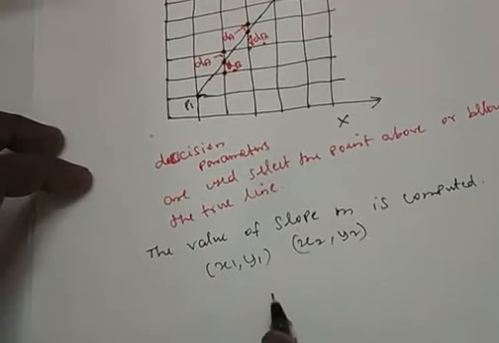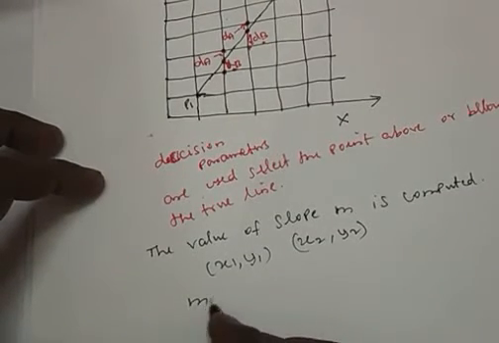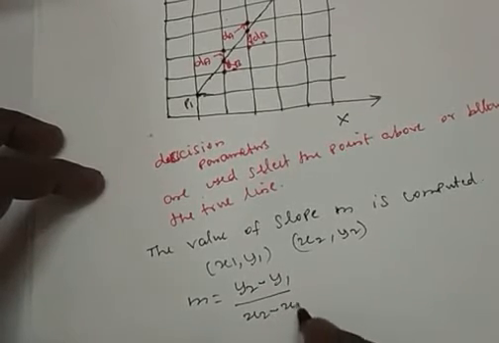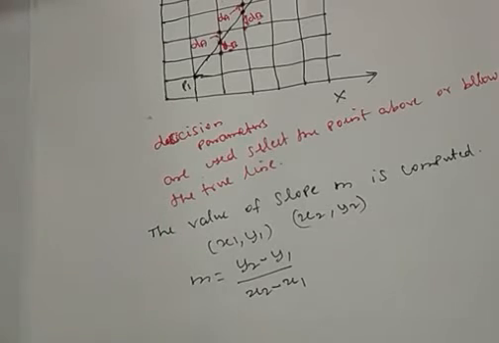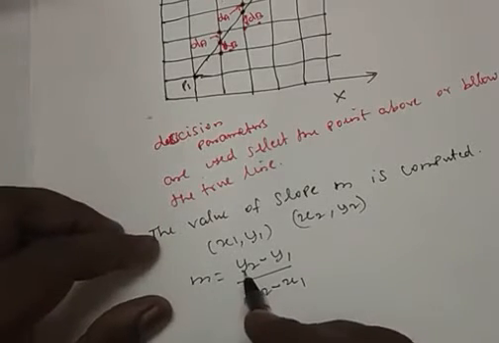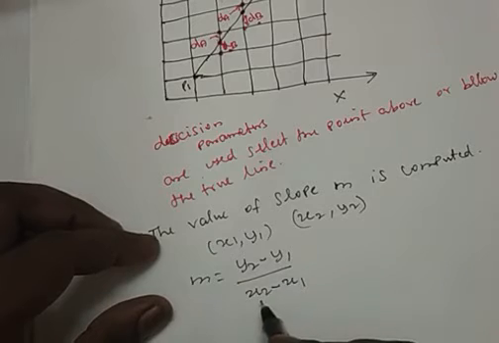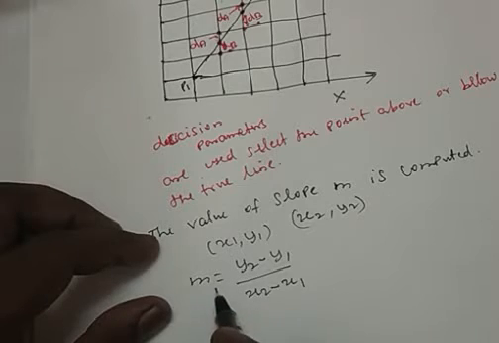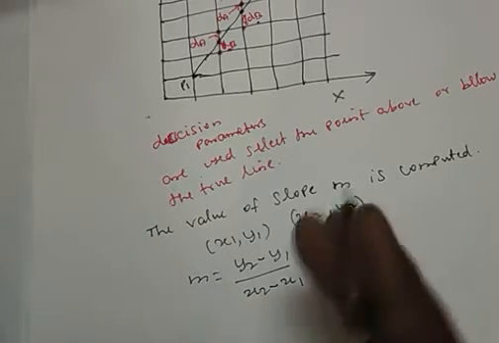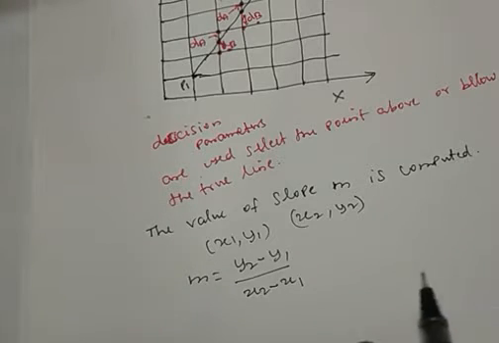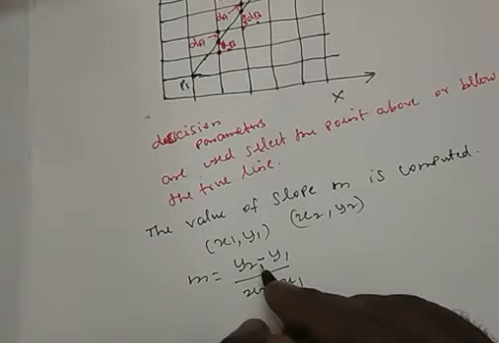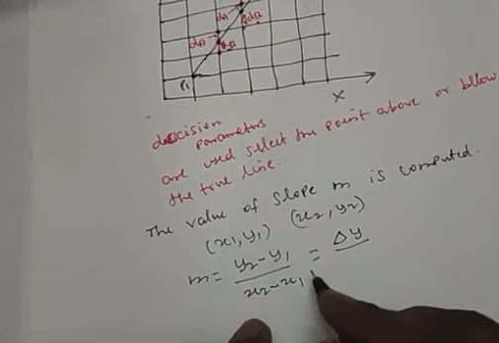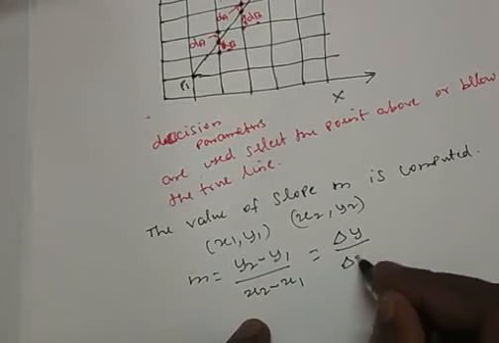The slope value can be computed as m equal to y2 minus y1 divided by x2 minus x1. This is how to compute the slope: the difference between y2 and y1 divided by the difference between x2 and x1. The difference between y2 and y1 is also called delta y, and the difference between x2 and x1 is also called delta x.